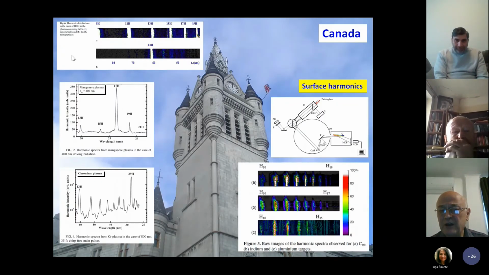Another interesting feature is how those single harmonic enhancement properties change from atomic medium to molecular medium. Here I just show the spectrum of harmonics from indium plasma. Again, the 13th harmonic is significantly stronger than all other harmonics appearing in this spectrum.